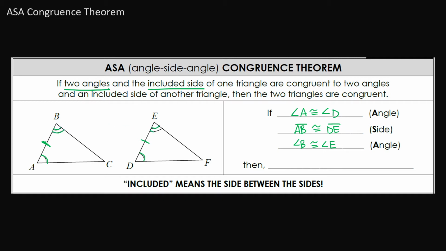If all of the following is true, then we can say with a congruency statement that triangle ABC is congruent to triangle DEF. Again, make sure that when you're writing congruence statements, all of your matching angles and sides line up in that statement.